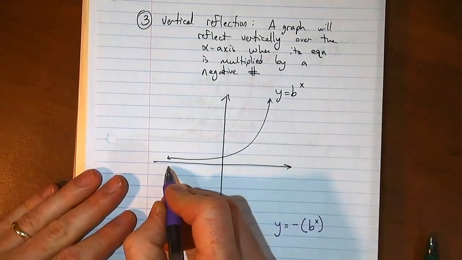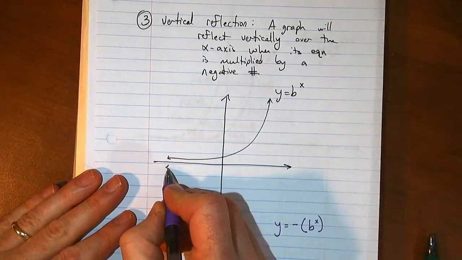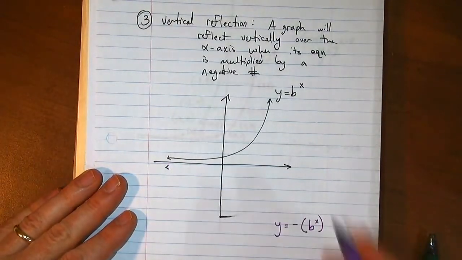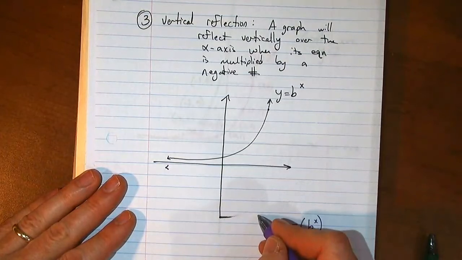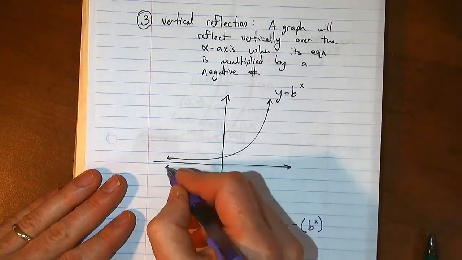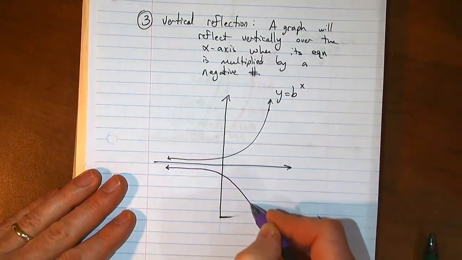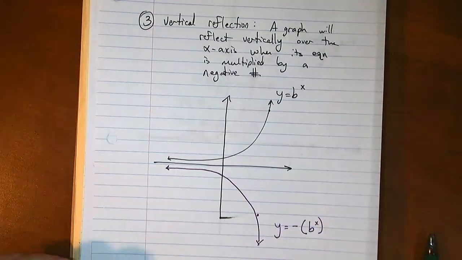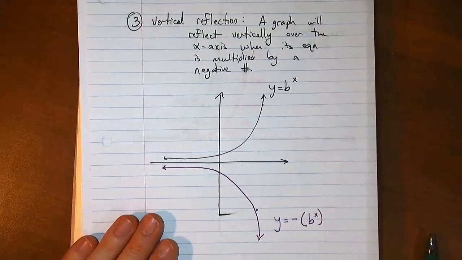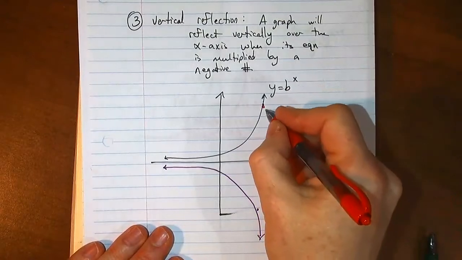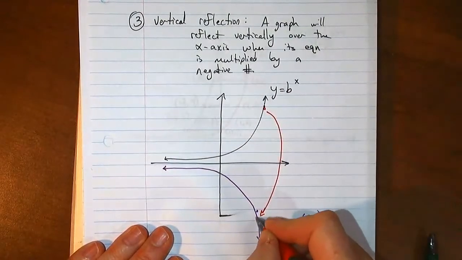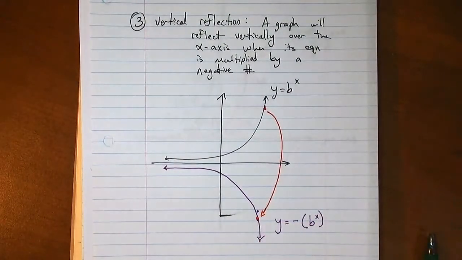So the stuff that was a little bit above the axis, now it's a little bit below the axis. And the stuff that was far away, now it's far away but down below. And so I end up with a graph that kind of curls and goes like that. That's the idea of a vertical reflection. The things that were up high, they are now down low. Okay, that's the idea of what's going on here.